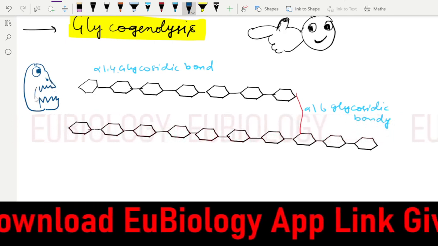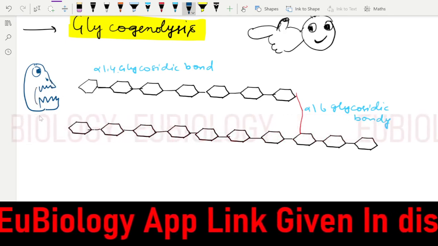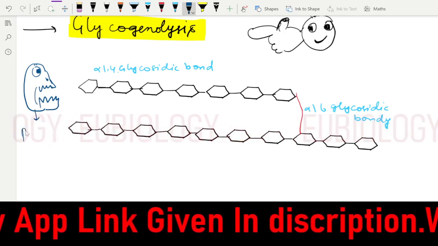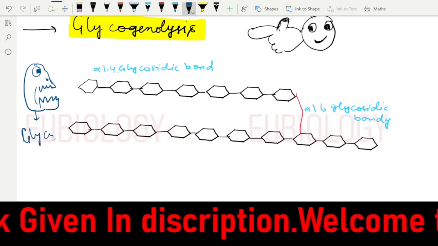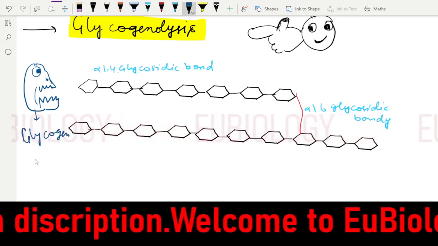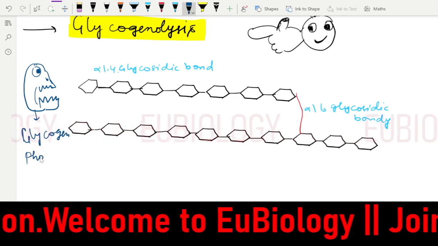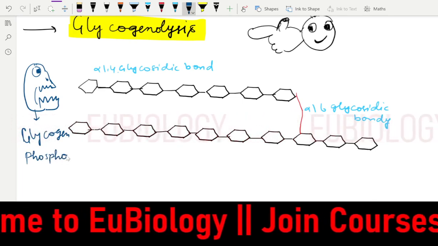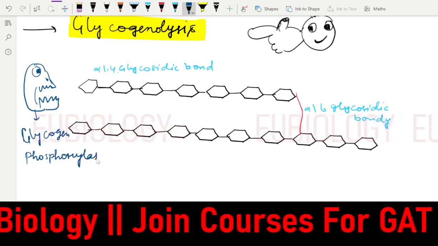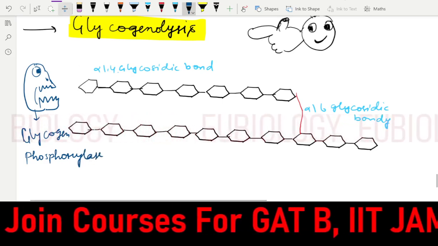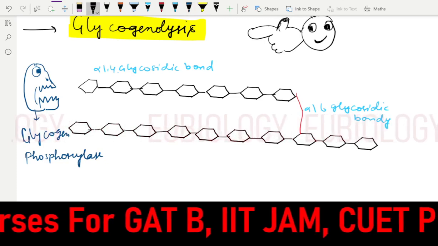Glycogen phosphorylase can cut only the non-reducing side.